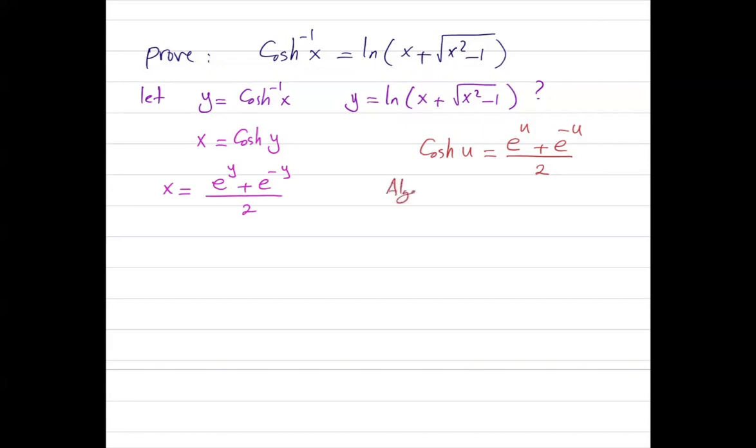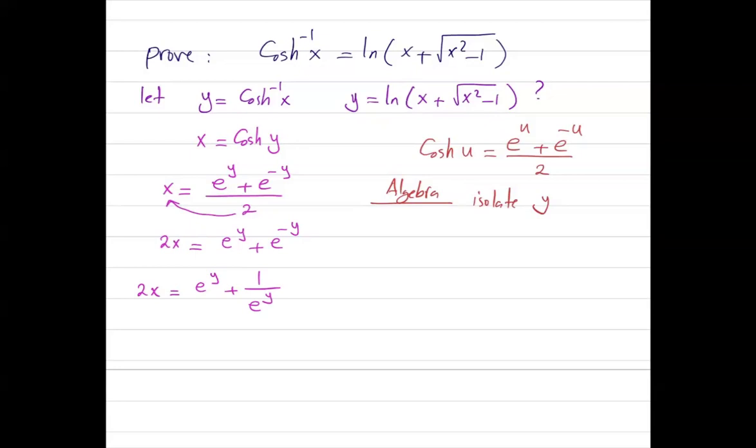Now we're going to do algebra and isolate our y. Let us begin, everyone. So multiply everything by 2. 2x is equal to e to power y plus e to power minus y. We can take common denominator between these two as well. But how? 2x is equal to e to power y plus 1 over e to power y.